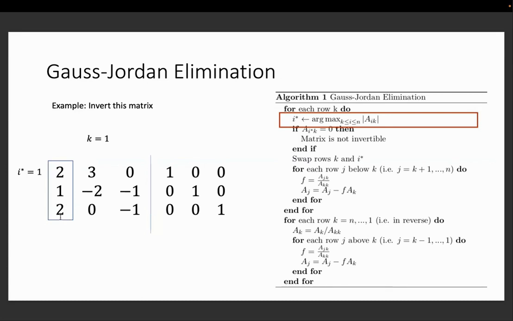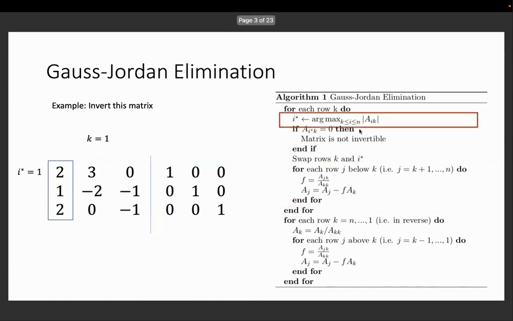In this case, I choose the first row as the maximum value in the first column. So i star is equal to 1.